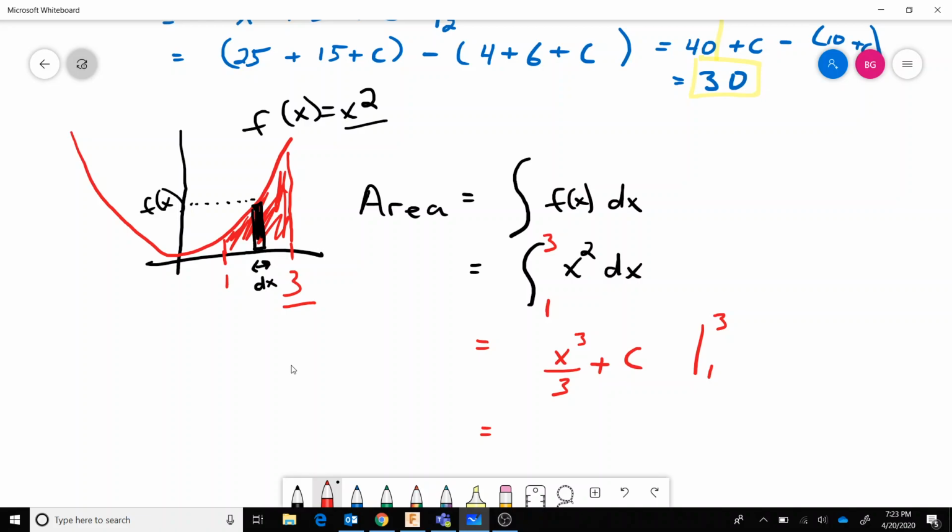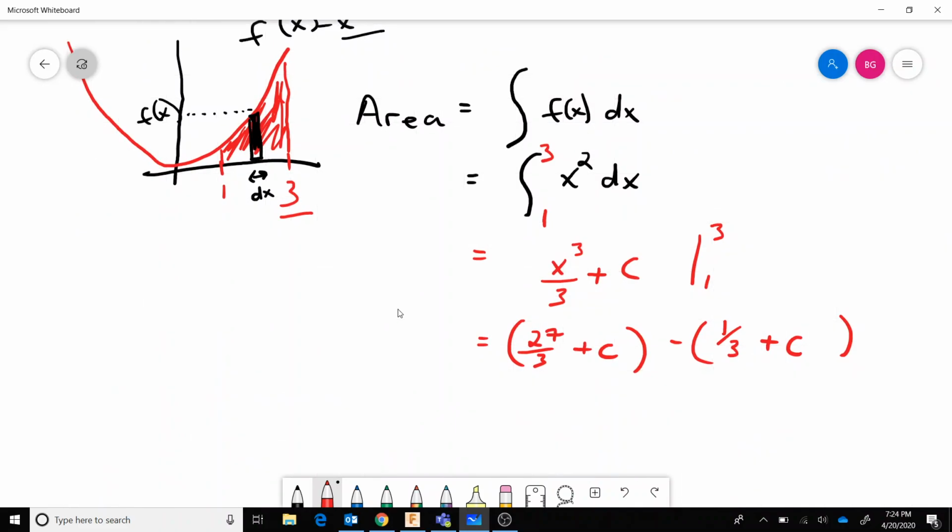And what do I do next? I take the high value and I stick it in here, right? So 3 times 3 times 3 is 27. So I have 27 divided by 3 plus c. And then I stick in the low value, which was 1. And so 1 cubed is 1, and so I have 1/3 plus c.